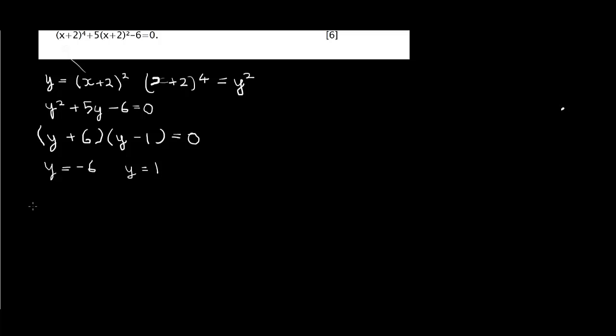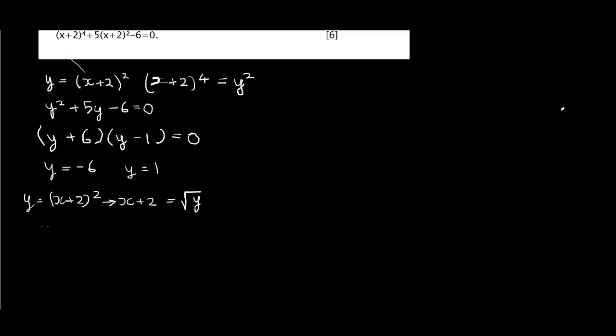Now we know for our substitution that y equals (x plus 2) all squared, which leads us to x plus 2 is the square root of y.